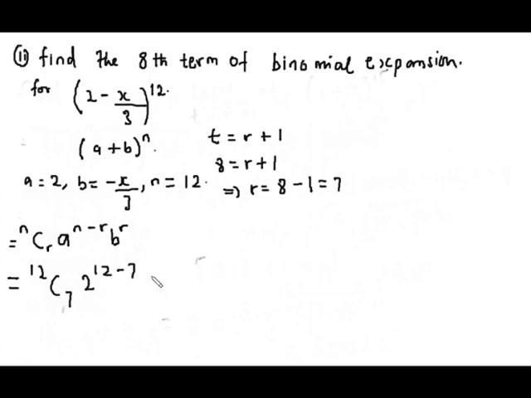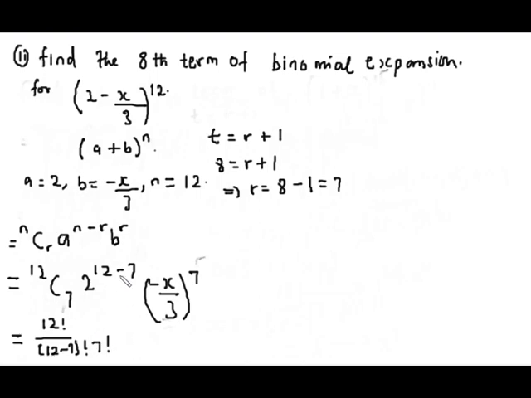And then b is minus x over 3 to the power of 7. This implies that 12 combination 7 can be written as 12 factorial divided by 12 minus 7 factorial, and then 7 factorial.